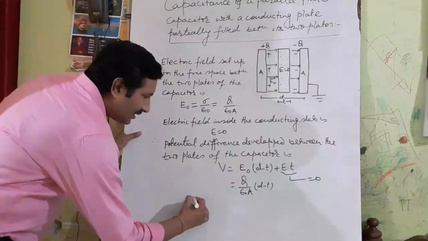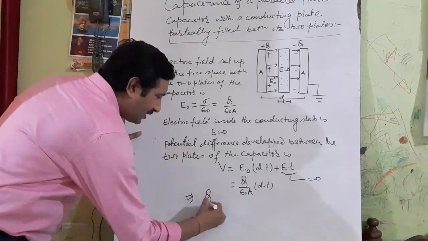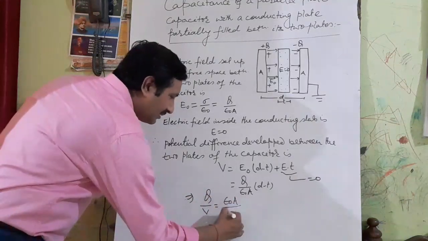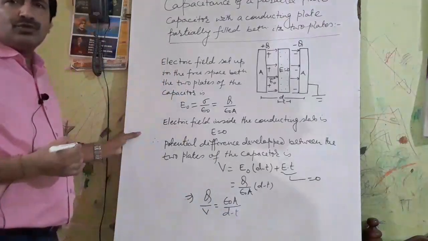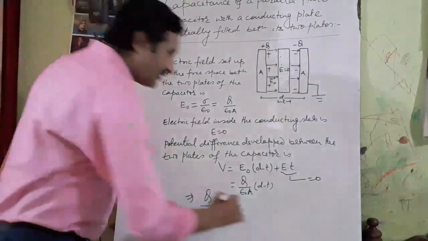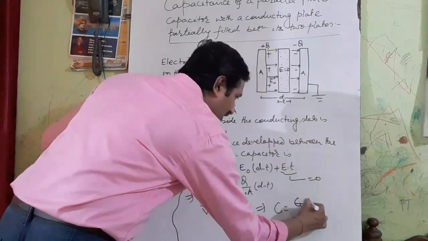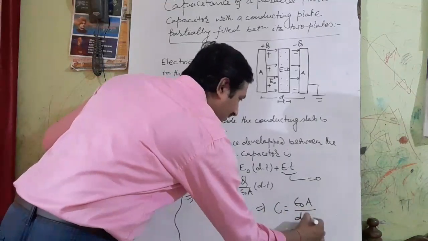And from here you can find Q by V is equal to epsilon naught A by D minus T. And you know Q by V is C, means C is equal to epsilon naught A by D minus T.